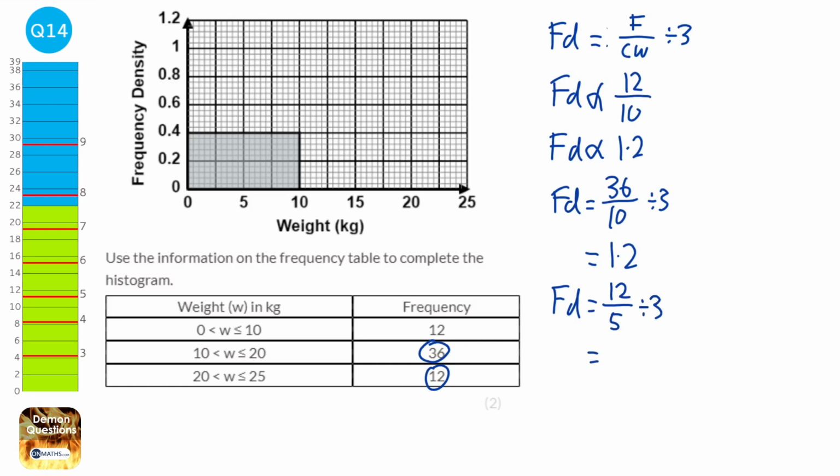Then when we do that, we get 0.8. So we're going to plot these on. So our next one is 1.2, so that goes up to 1.2. And then the last one's 0.8.